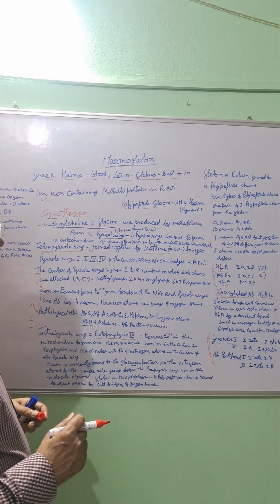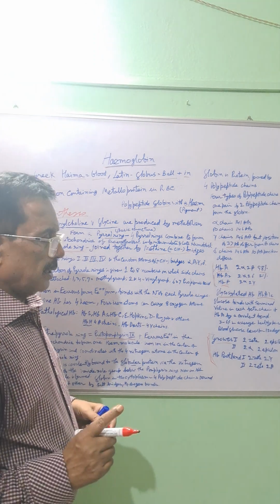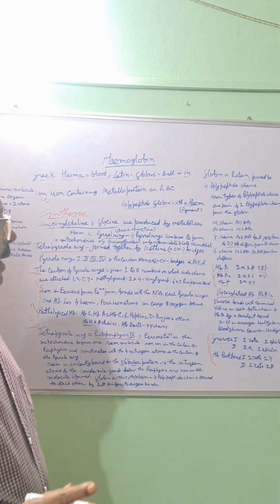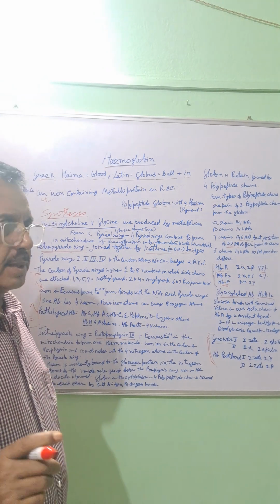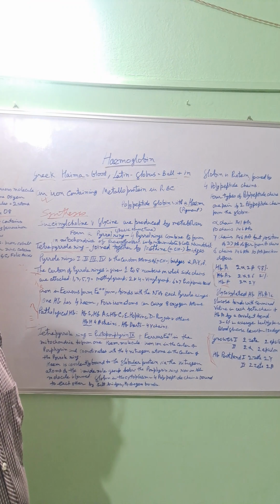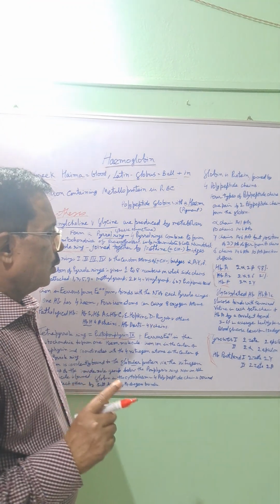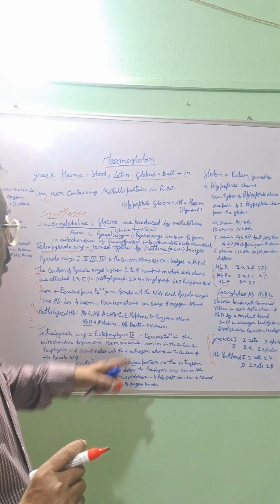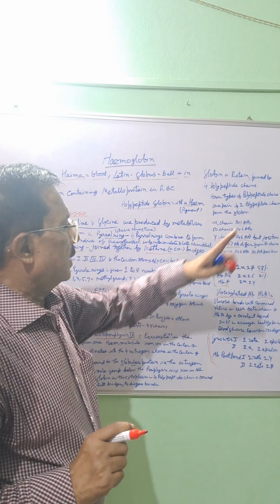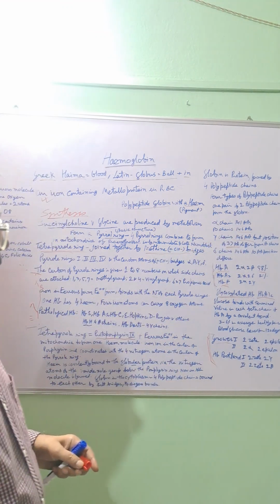Types of hemoglobin. In adults, the main type is HbA, that is 98%. Hemoglobin A contains 2 alpha and 2 beta chains; alpha chains contain 141 amino acids, beta chains contain 146 amino acids.